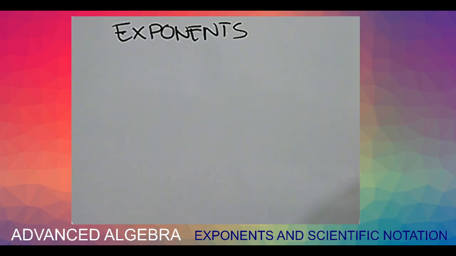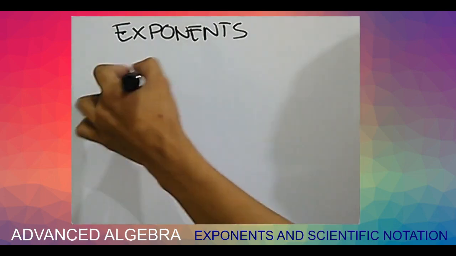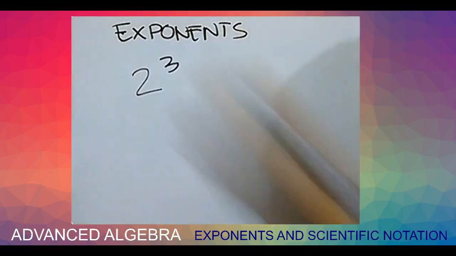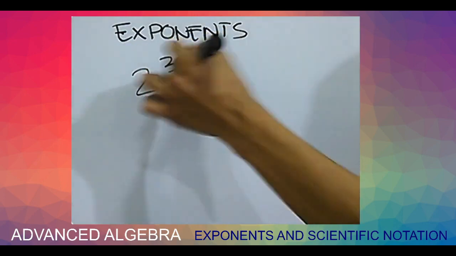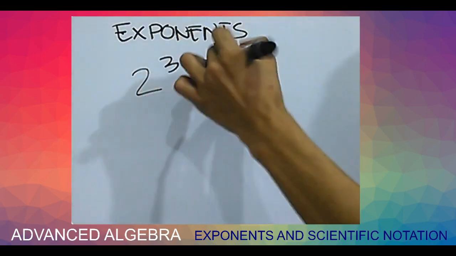Unang-una, bago tayo tumungo sa product rule of exponent, alamin natin yung exponent. Ano ba yung exponent? Di ba, exponent siya yung power ng isang variable or ng isang number. For example, meron tayong 2 cube. Si 3, siya yung tinatawag nating exponent.